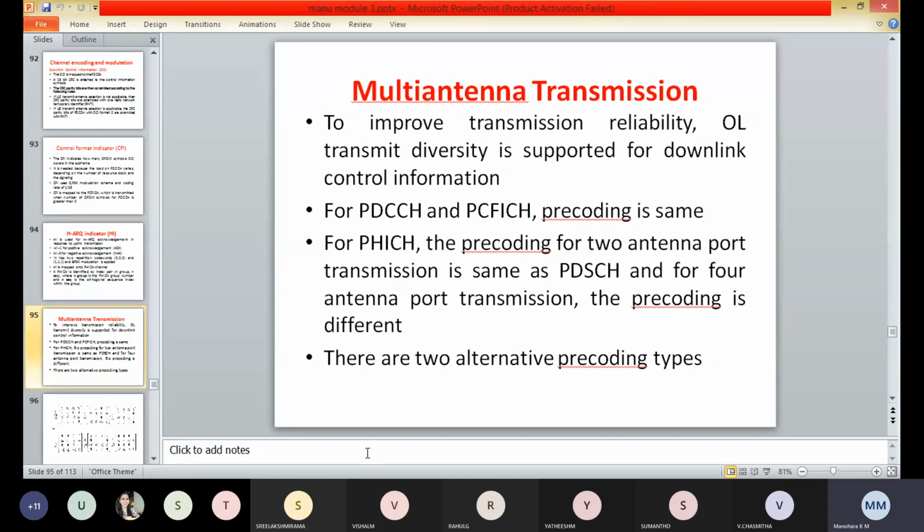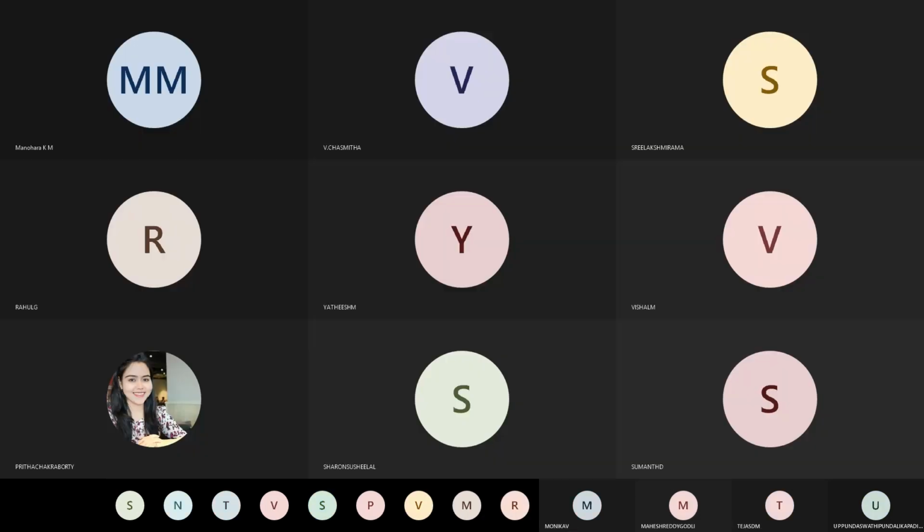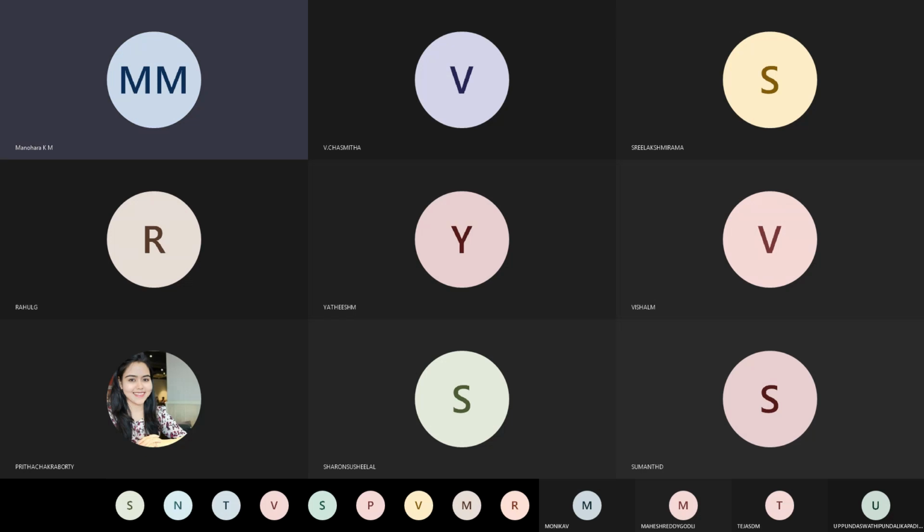The same PHICH is repeated 3 times in the frequency domain with 4 subcarriers in each repetition. So make a note of these equations.